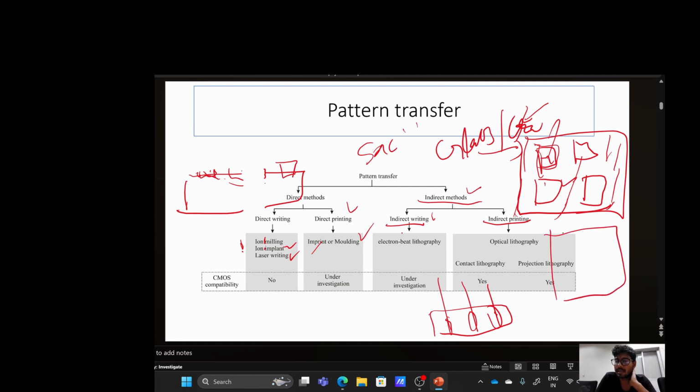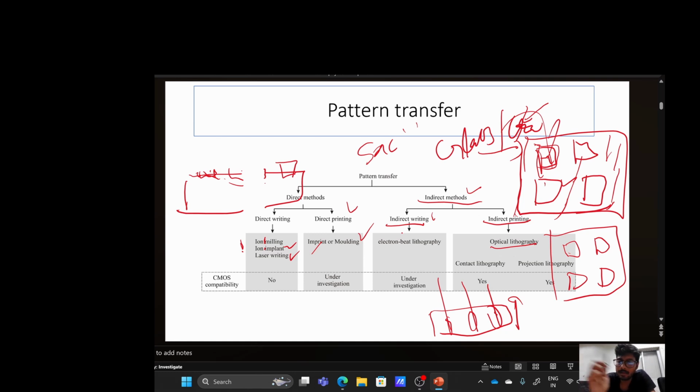The UV light will fall in this area, this area, this area, and this area. The pattern is transferred through the light. This is optical lithography. You just shine the light over the large area, and within seconds this pattern can be transferred.